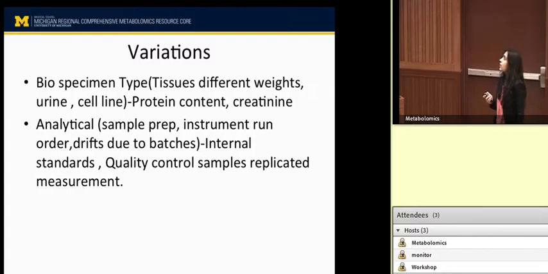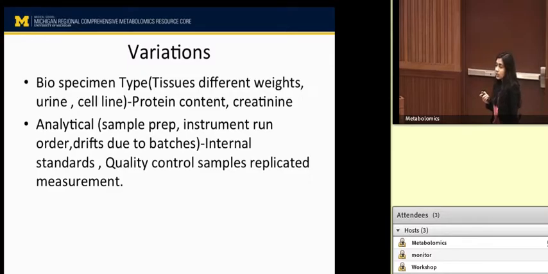We have to think about the variations before we even go for analysis. There are two kinds of variations. Some variations come from the type of sample that we get, so we need to think about this beforehand, before we start running these samples. We get tissues with different weights, and we need to normalize this.